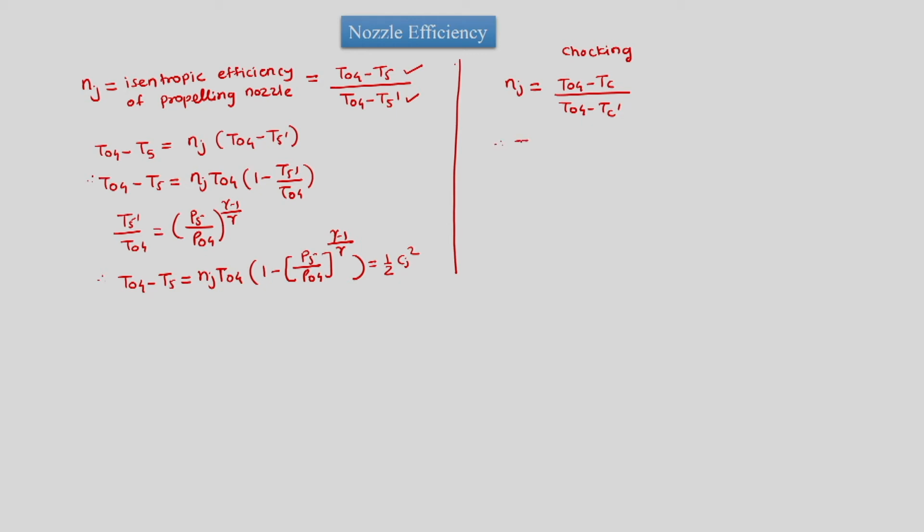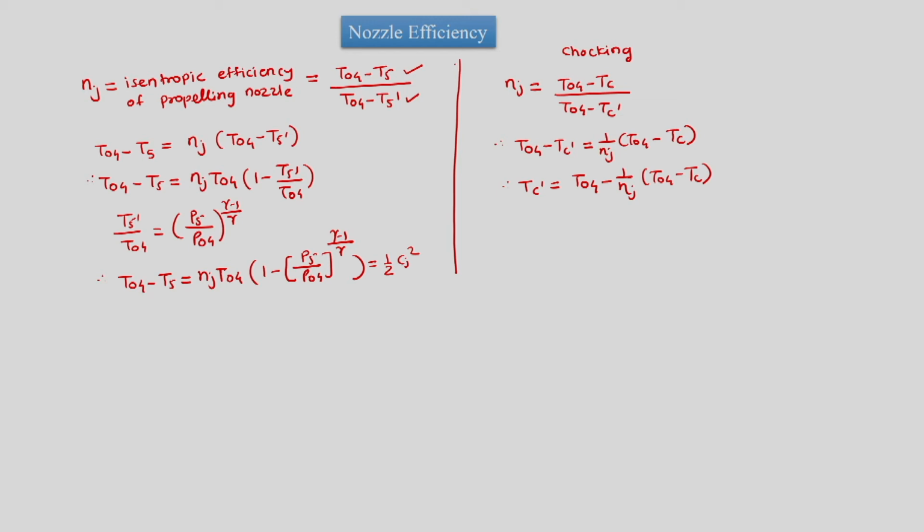So let us write T04 minus Tc dash is equal to 1 upon Nj into T04 minus Tc. So we can write Tc dash is equal to T04 minus Nj into T04 minus Tc.